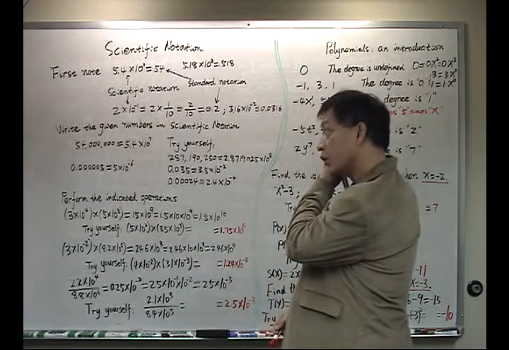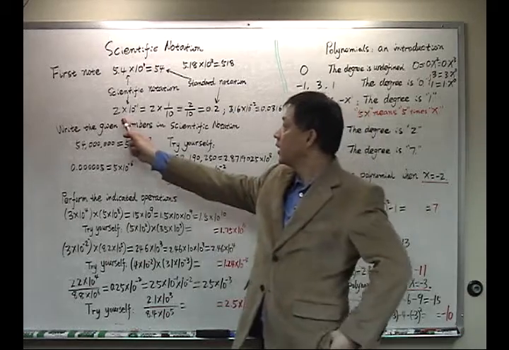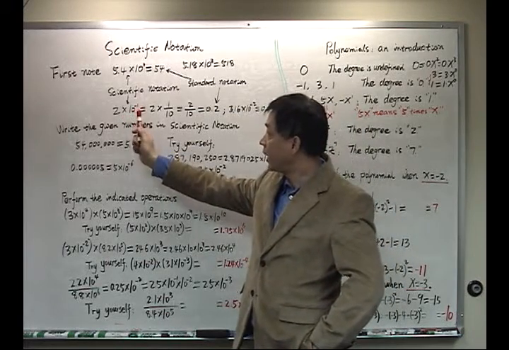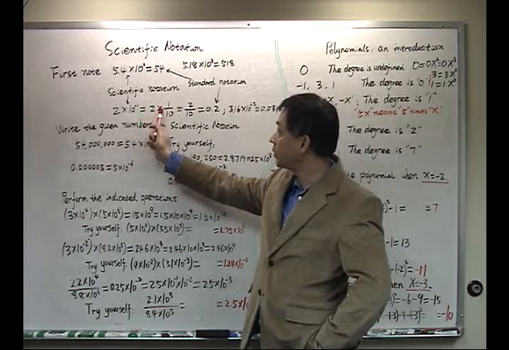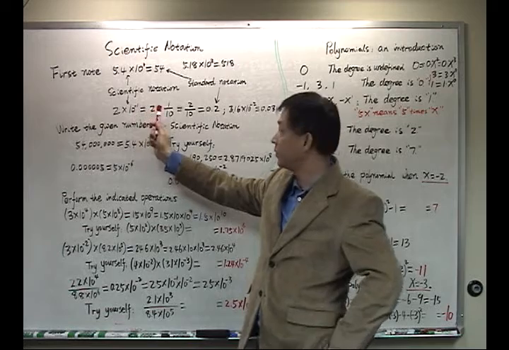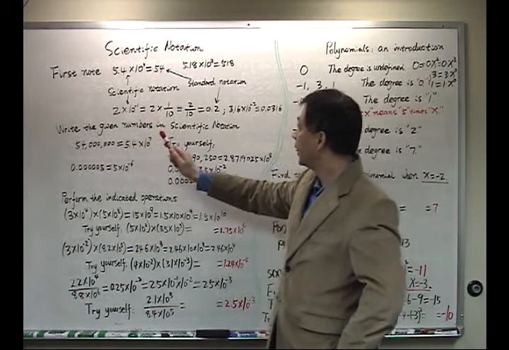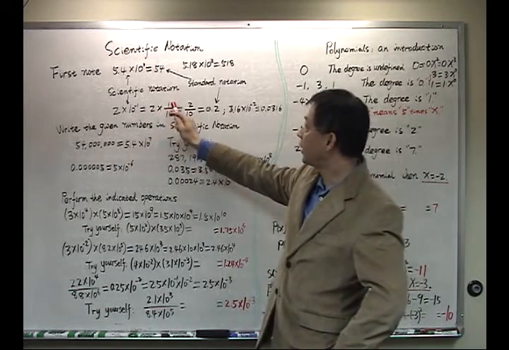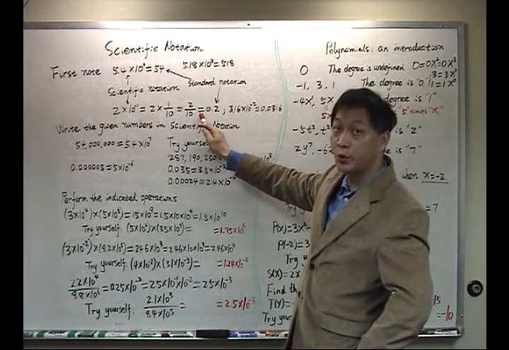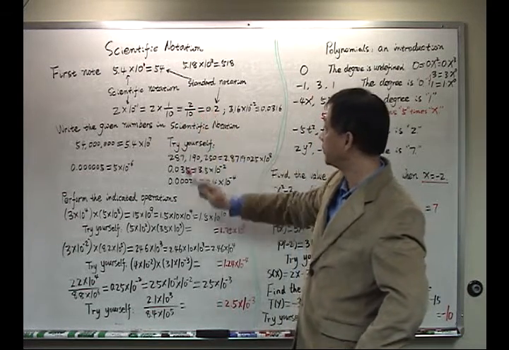Now, we also know 2 times 10 to the negative 1 is actually 2 times 1/10, because 10 to the negative 1 is 1/10. And 2 times 1/10 is 2 tenths. 2 tenths, everyone knows, is 0.2.